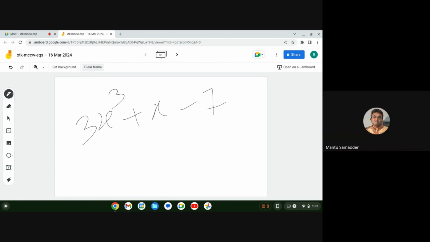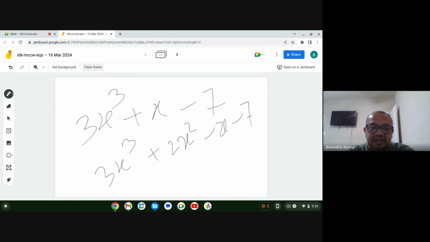I have a question. What do you mean by maximum? Can we add both exponents? No, you don't have to. That's why I gave the next example: 3x cubed plus 2x squared minus x minus 7. Is this a polynomial expression? Yes, because there are four terms.